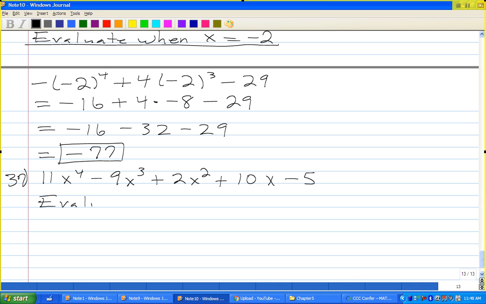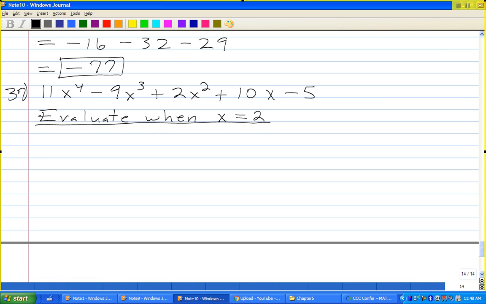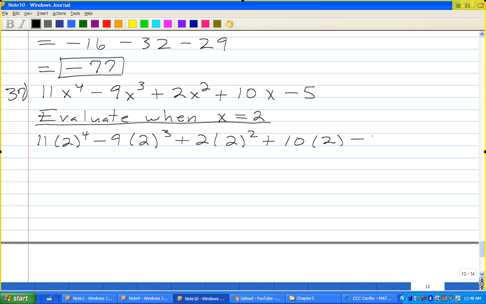Evaluate when x equals 2. So 11x to the 4 minus 9x cubed plus 2x squared plus 10x minus 5.